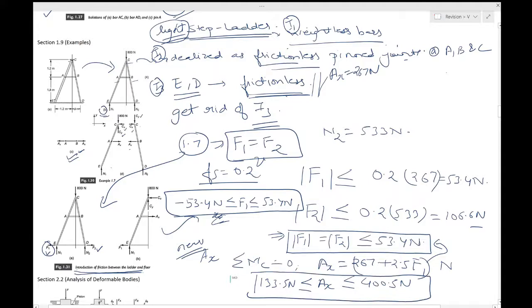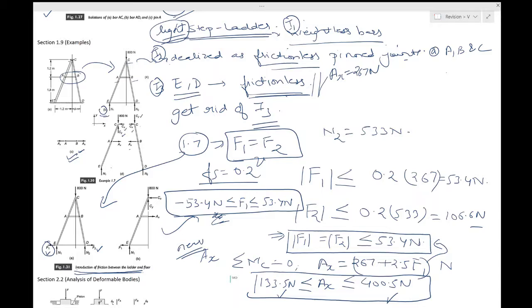Now look at the beauty of this as an engineer. You have to find a material or design a thickness such that the link AB can sustain a force between this and this, provided these two approximations I1 and I2 are reasonable. You have already got rid of I3 now.